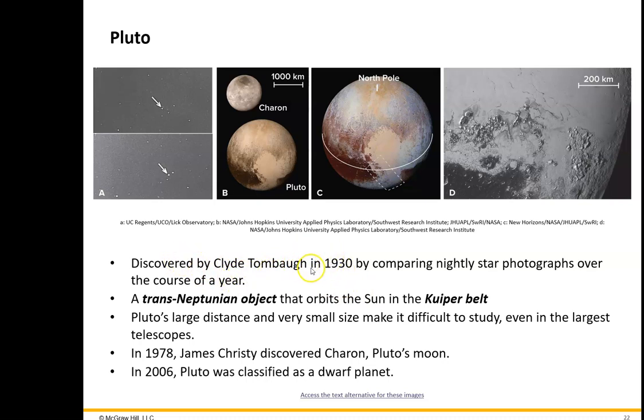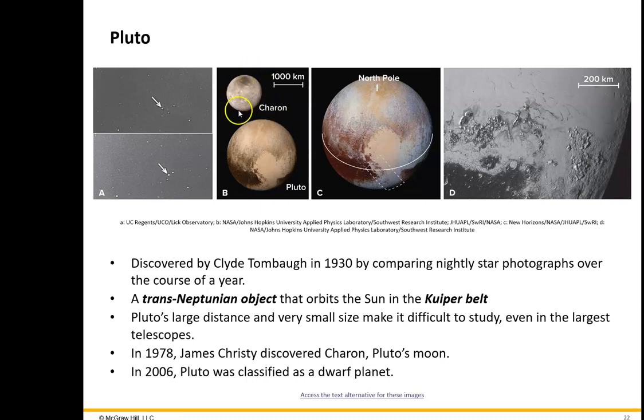Almost right away, from 1930, Pluto was considered a planet. It wasn't until the 1970s, if I remember correctly, that its largest moon, Charon, and by the way, you can pronounce that Charon or Charon, was discovered.